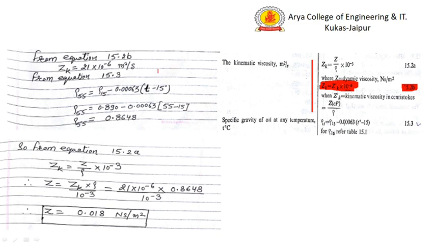The value of Z dash K is 21, so ZK is 21 multiplied by 10 raised to minus 6.